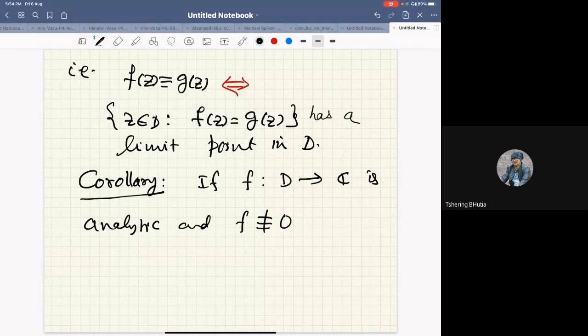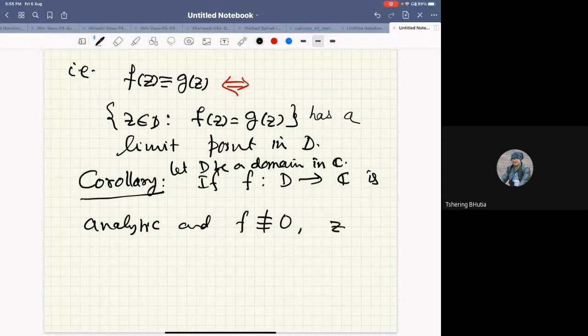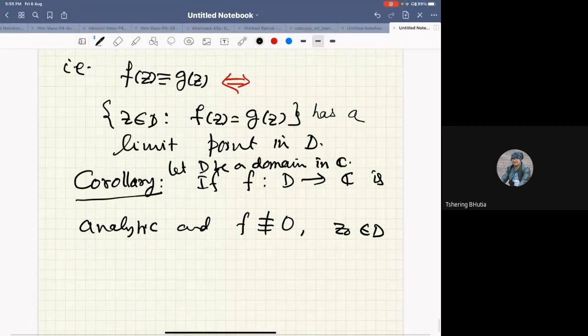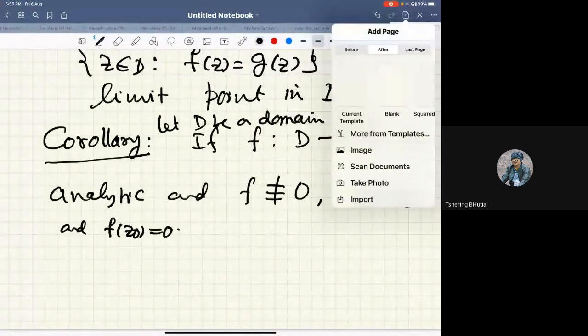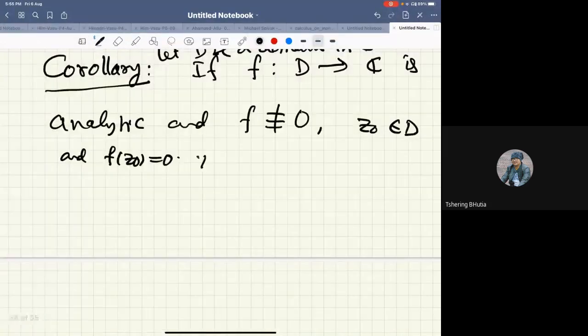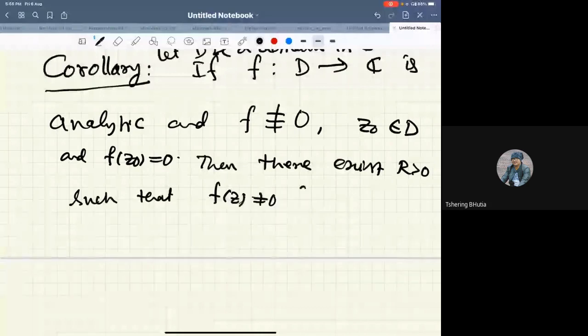If z0 is a point in D and f of z0 equals 0, then there exists an r greater than 0 such that f is not equal to 0 for 0 less than mod z minus z0 less than r.